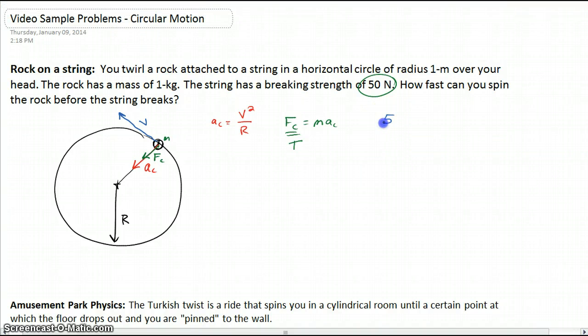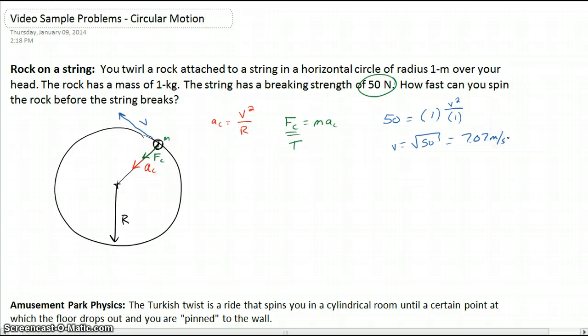So if we say 50 newtons of force is equal to the mass that's being accelerated, the 1 kilogram mass, times v squared, since we're going to try to find the velocity, over the radius of the circle, which is also 1 meter. I'm just being lazy and keeping the units out. So in this case, v equals the square root of 50, which turns out to be 7.07 meters per second.